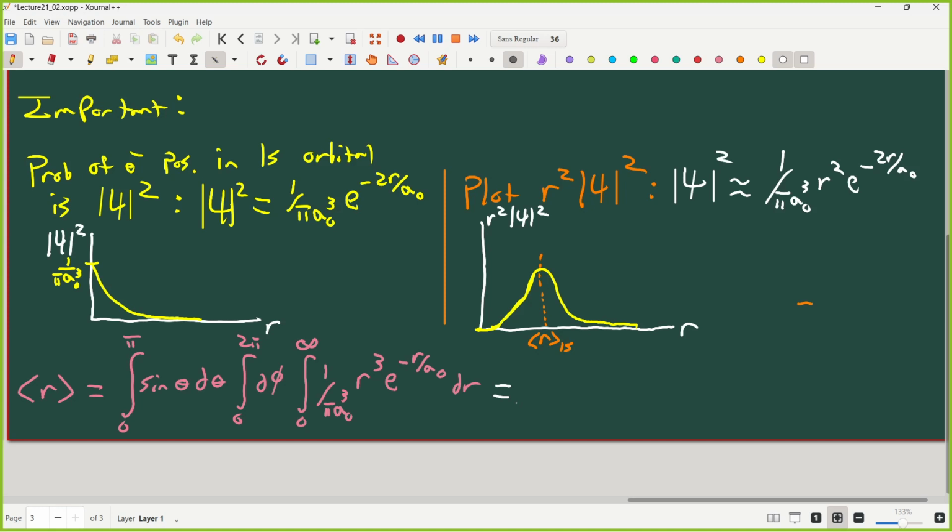So sine of theta d theta is minus cosine. Let's evaluate it at the bounds. What's minus cosine of pi? That's minus cosine of pi, so 1.